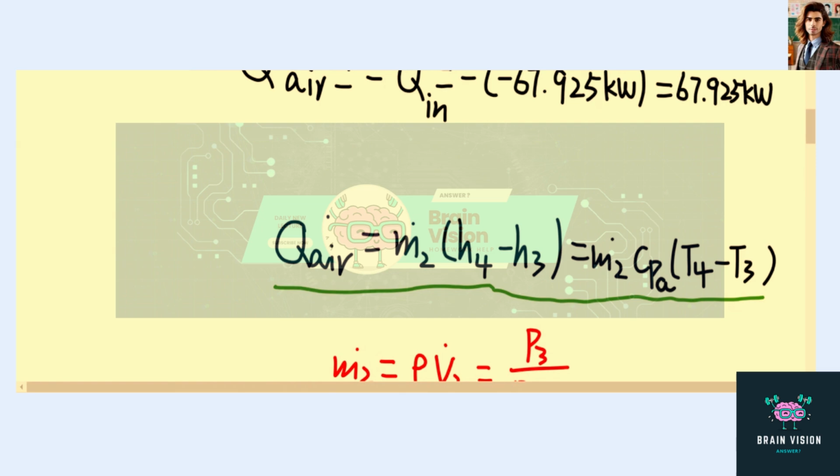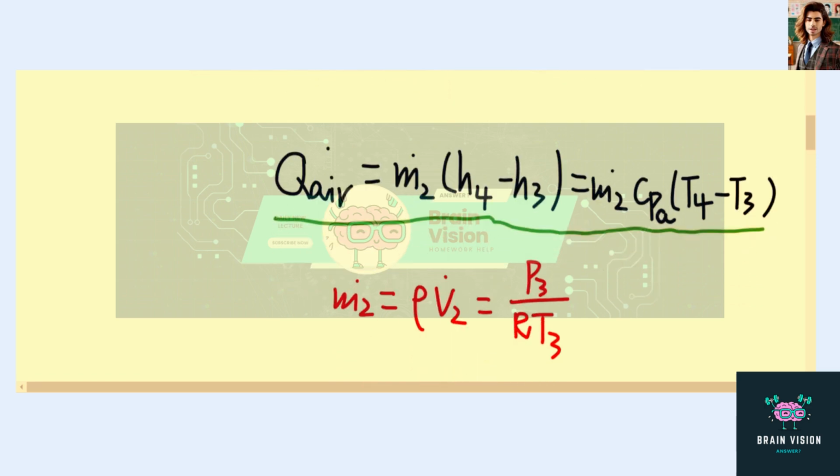H4 here is the final enthalpy of the air, and H3 is the initial enthalpy of the air. M2 dot is the mass flow rate for the air, T4 is the final temperature for the air, which is the outlet temperature, and T3 is the inlet temperature for the air.